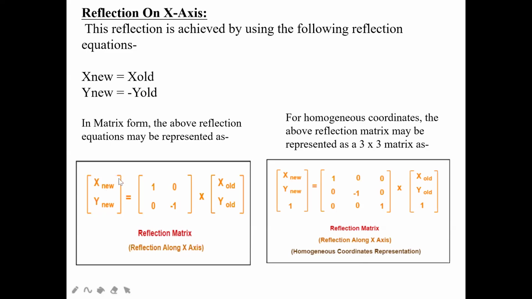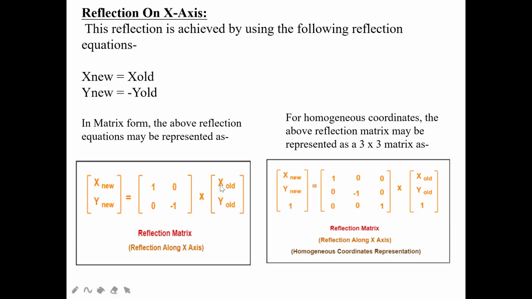So you are going to find out x new and y new, where you multiply with your old coordinate points. You are going to keep the identity matrix and the y value will be -1. That you have to keep in mind. Okay, so if you multiply, you are going to get the x new and y new coordinate values.